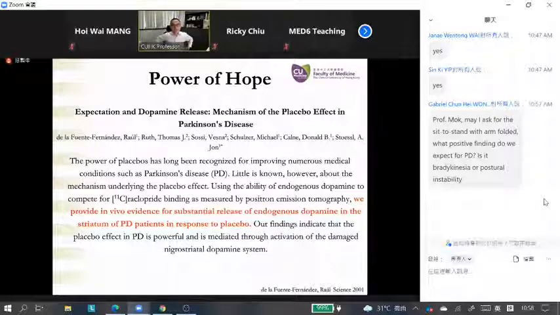If the more axial truncal part is very severely affected, bradykinetic and rigid, the patient could not do it. It also tests a bit of the leg power as well, but for me, it's more the truncal mobility, because Parkinson's also affects the truncal muscle.